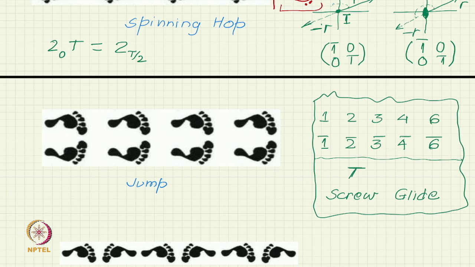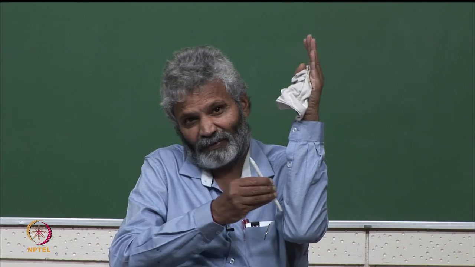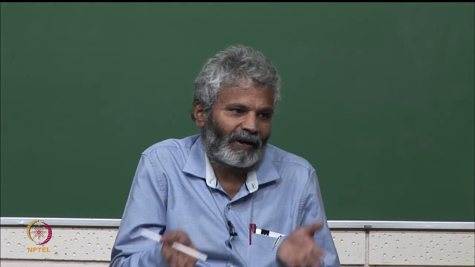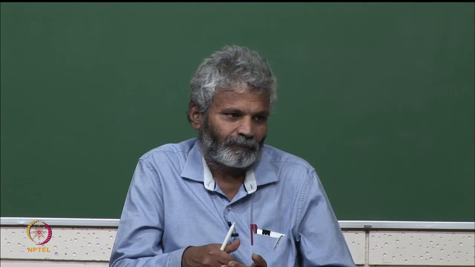So I can have a rotation about this axis and think of a translation at some angle, and what will that give? It may appear to be new at first sight, but it has to be a combination of my list of group elements, if it is satisfying the group property.